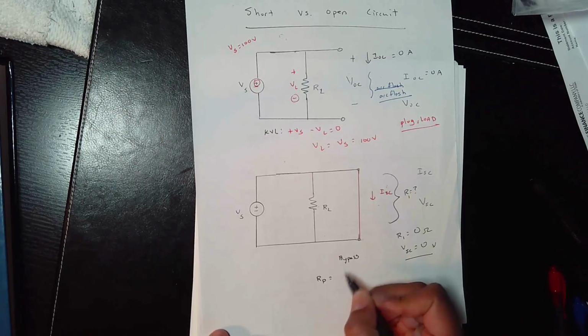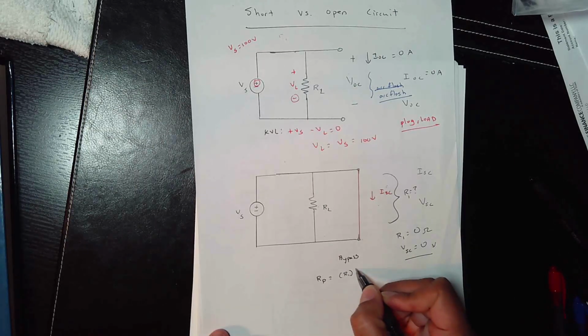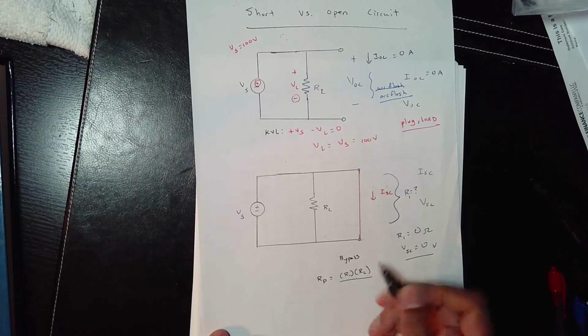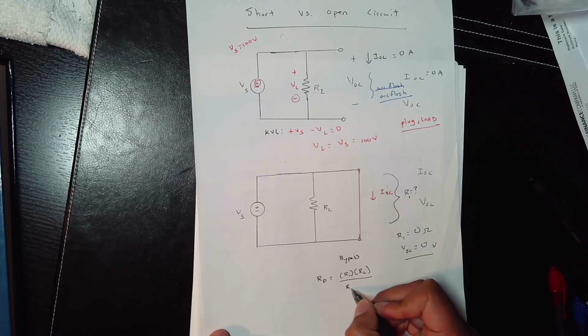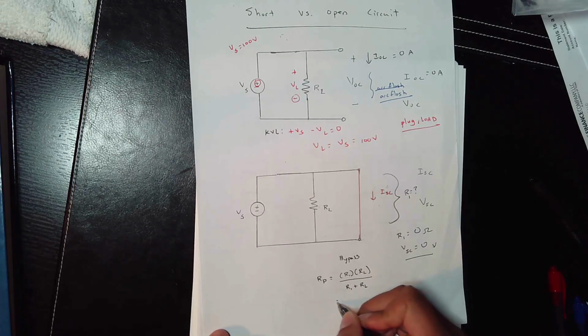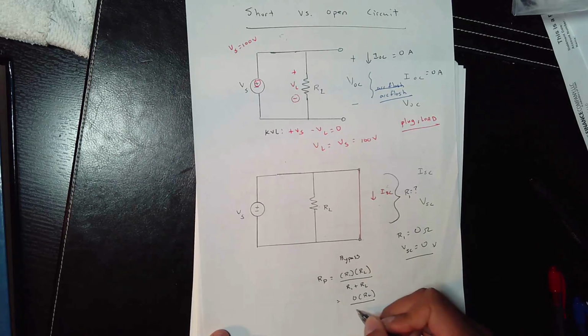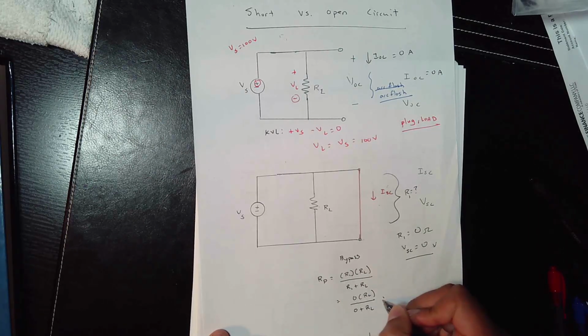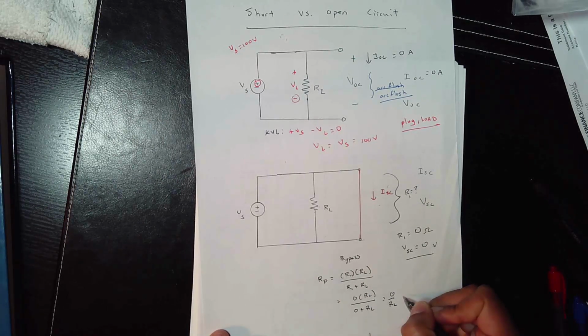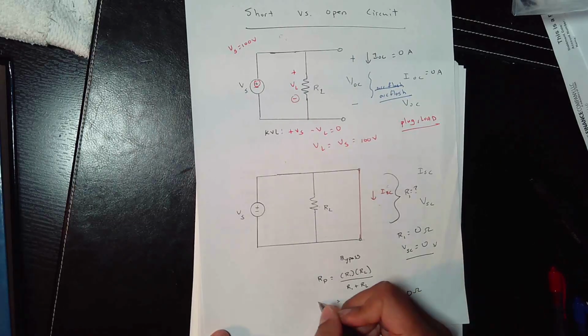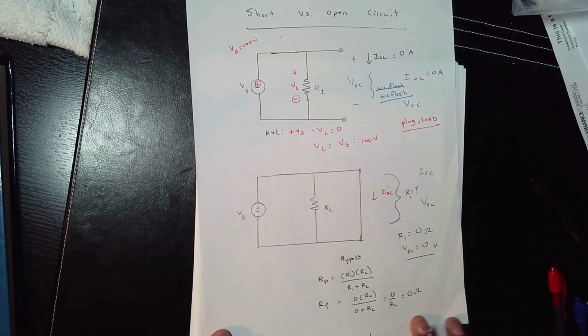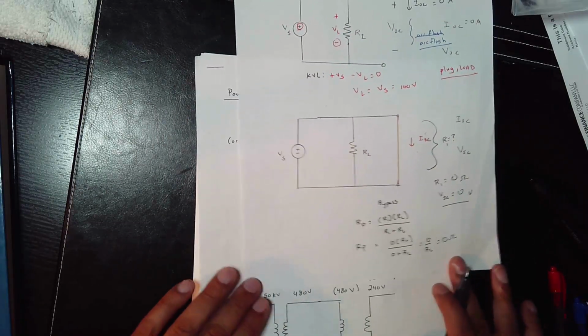RP is equal to R1 times RL over R1 plus RL. So what is R1? R1 is 0. What is RL? That is 0 times RL over 0 plus RL. So that is 0 over RL, which gives me what? 0. So your RP is now 0. That's your equivalent parallel circuit.